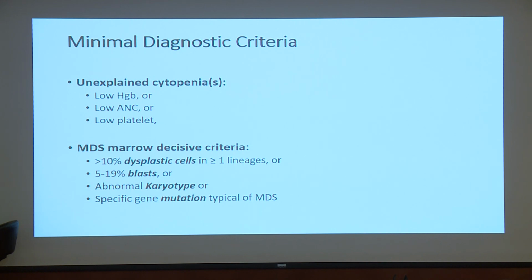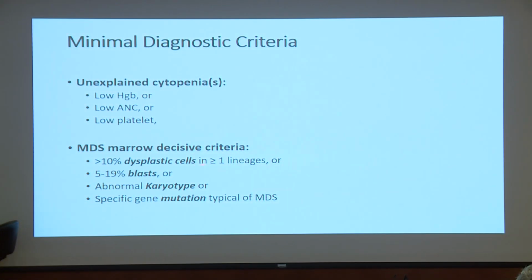These are what we call the MDS marrow decisive criteria, which include more than 10% dysplastic cells in one or more lineages, 5 to 19% blasts, and specific abnormal karyotype abnormalities. And recently, a few specific gene mutations can help make the diagnosis of MDS.